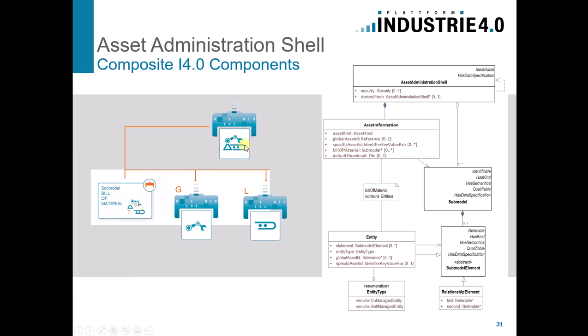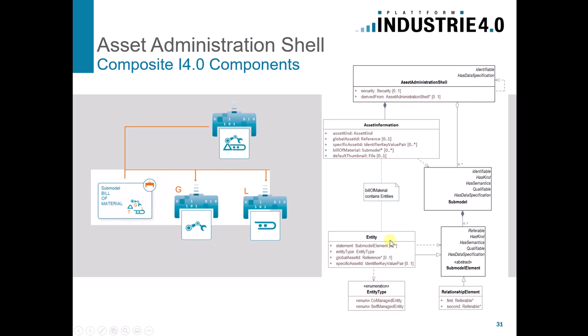Here you have a very simple example. This is a complex robot system. It consists of 3 parts. This is specified in the bill of material. And you see of the 3 parts, only 2 of them have their own asset administration shell, G and L. This we call self-managed entities, and the entity T does not have its own asset administration shell. We say that's a co-managed entity.